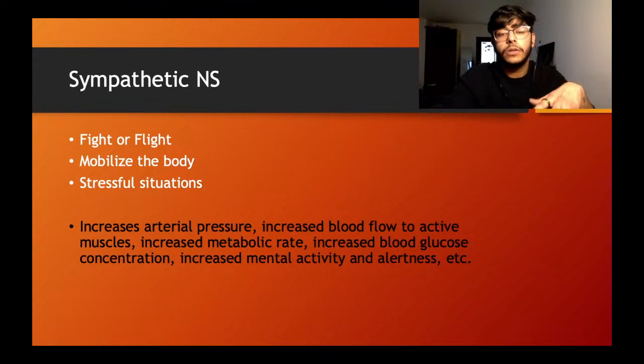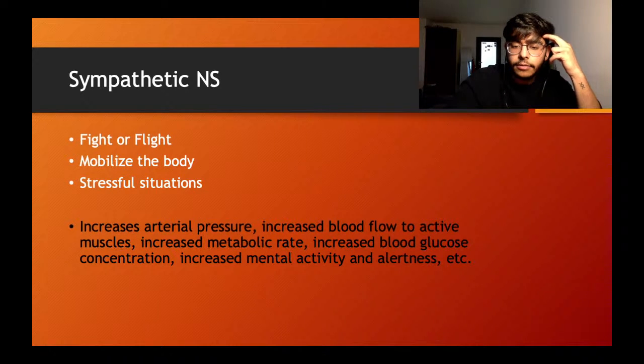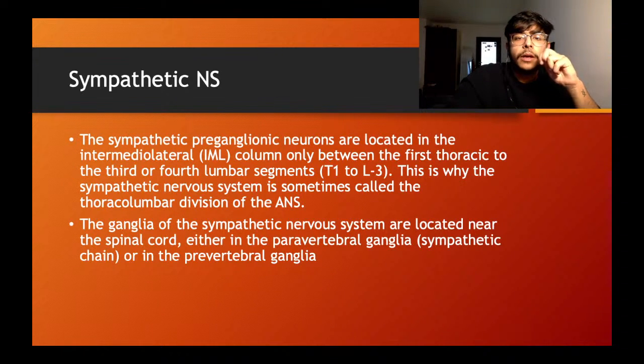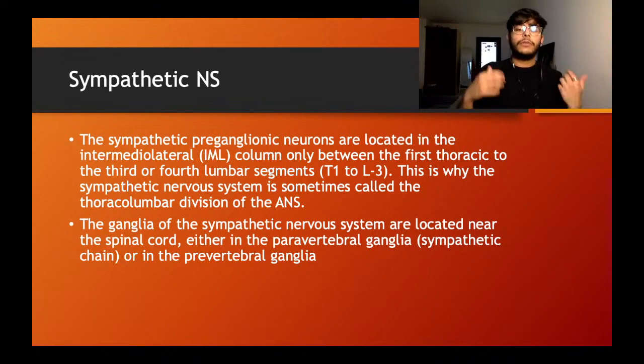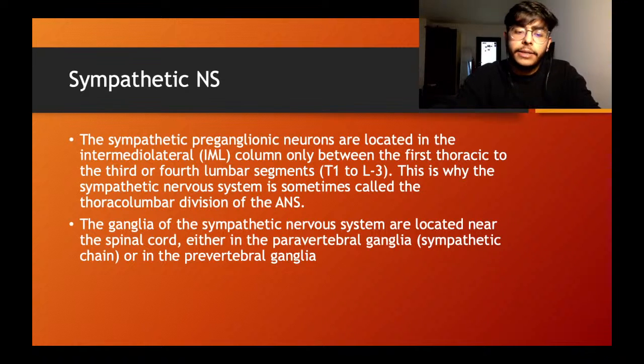The blood supply is also diverted mainly to the brain, so that our mental state is active and alert. The sympathetic preganglionic neurons are located in the intermediolateral column of the spinal cord from the level of T1 to L2 or L3, and that is also one of the reasons why it's called the thoracolumbar division of the ANS.